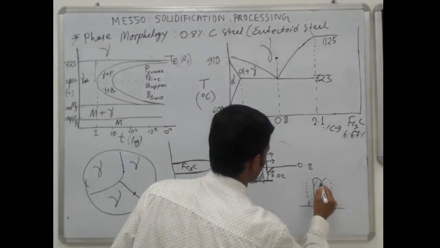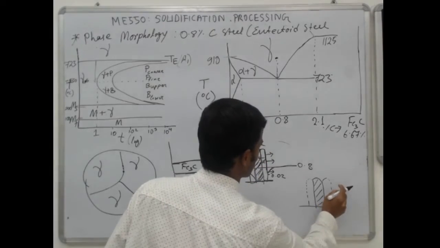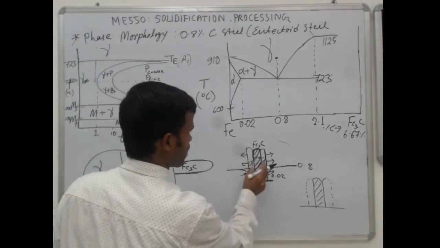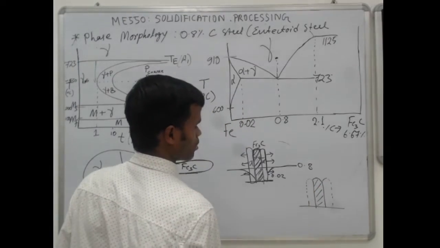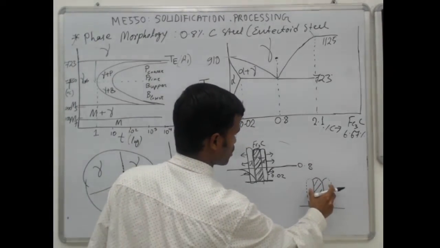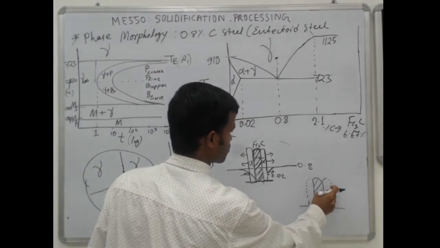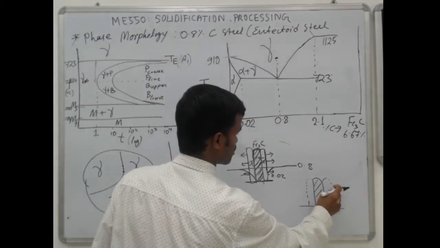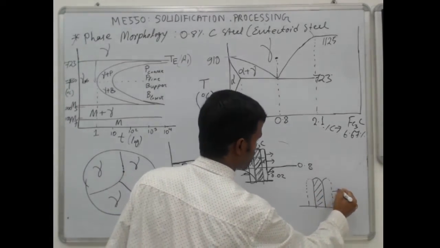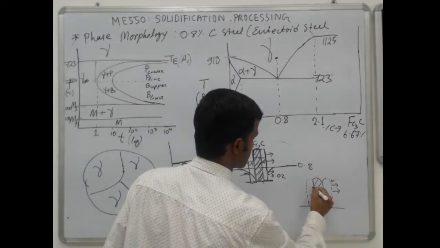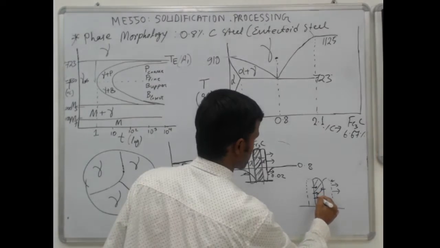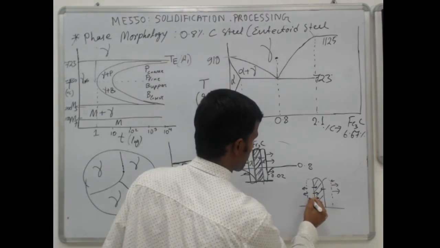So this is Fe3C, this is ferrite. If it wants to grow, this Fe3C will also try to grow in this direction. In order to grow, it will take more carbon atoms from the surrounding ferrite, and the ferrite will release carbon atoms in this direction as well as this direction.